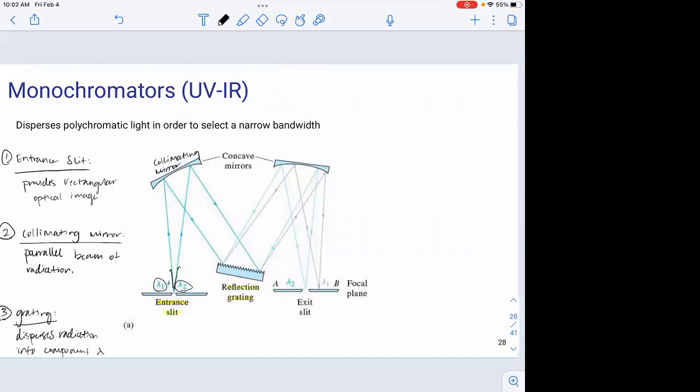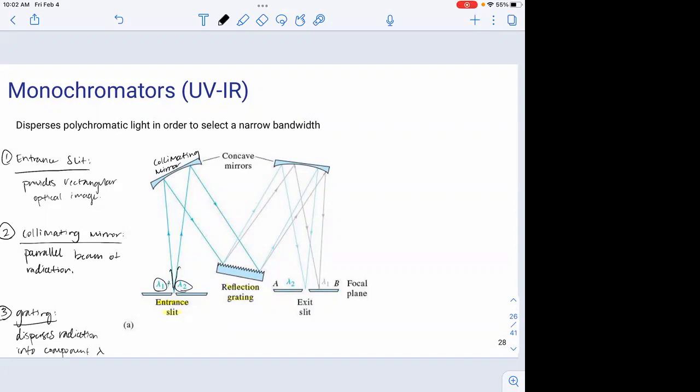I said that we had two wavelengths in this polychromatic radiation coming into this monochromator, and this is where the separation of those two wavelengths happens, right? So if a monochromator's purpose is to separate polychromatic light in order to select a narrow bandwidth of light to exit that monochromator, this is the part of the monochromator that actually does that selection.